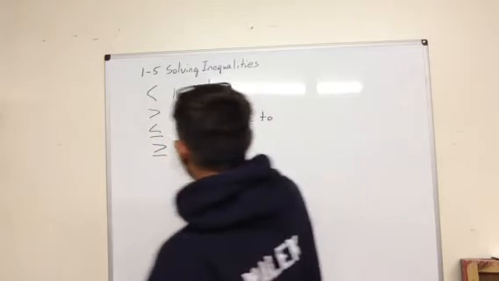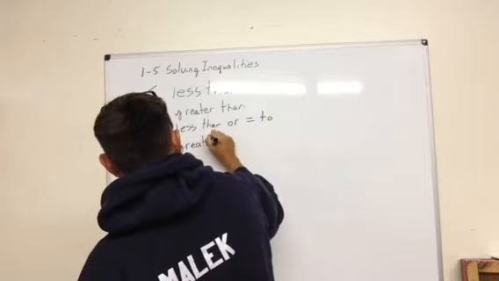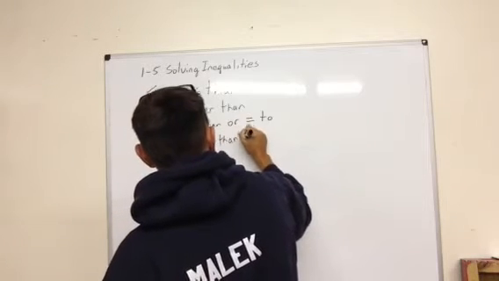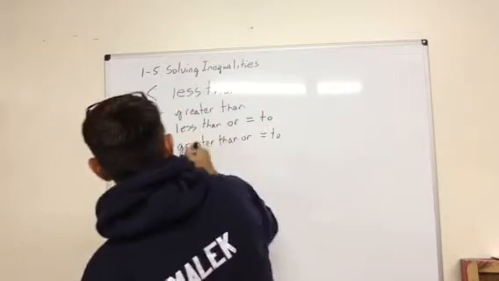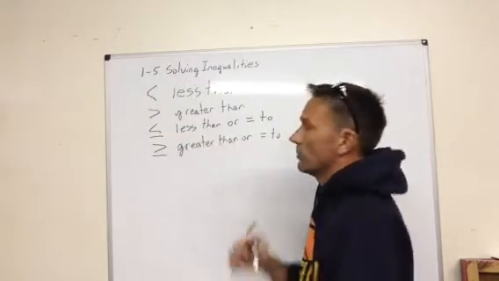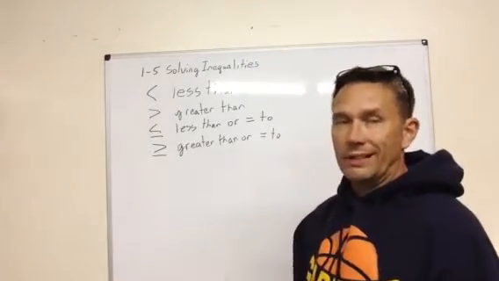And the last one is greater than or equal to. So the only difference between these two is there's one more answer to that. And we'll get to that when we get to graphing.